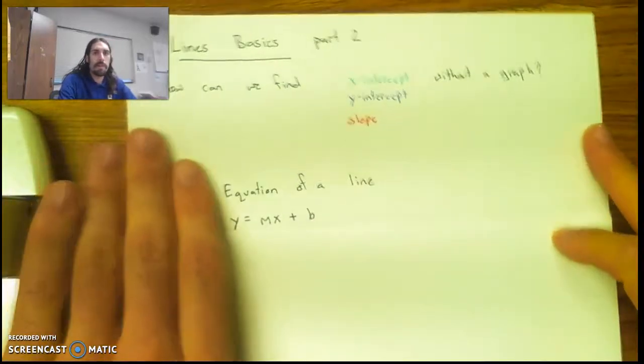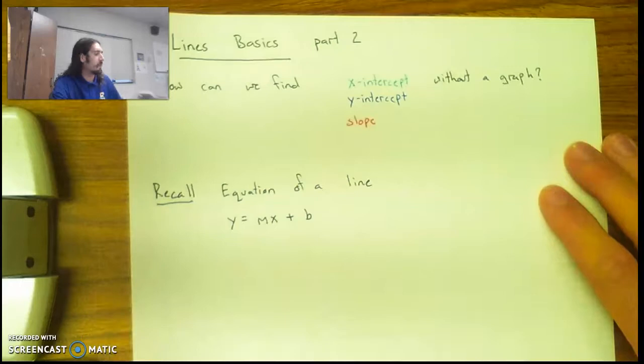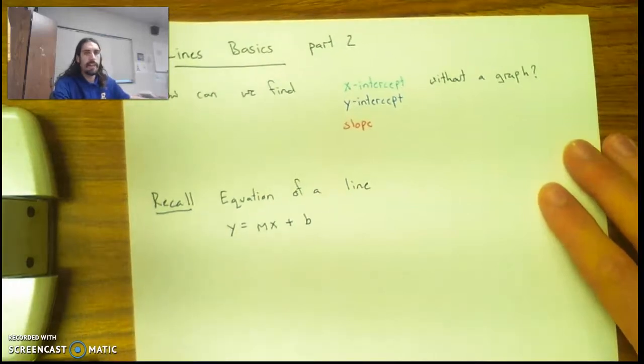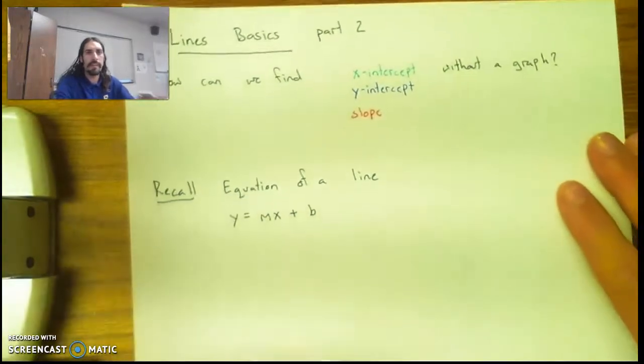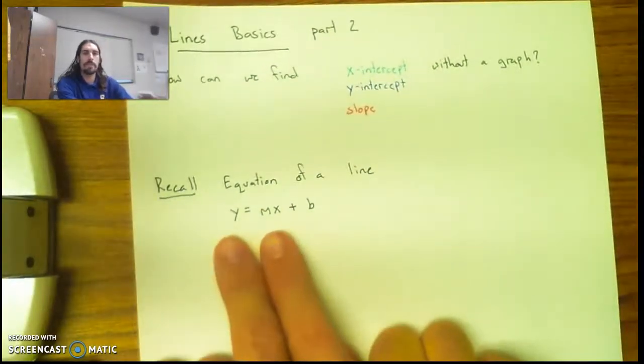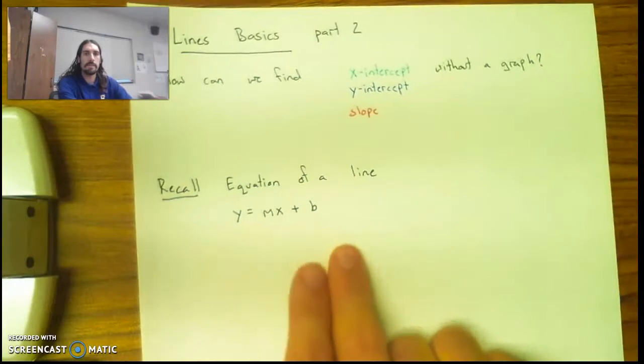So to start us off, I want to remind you about the formula we have for the equation of a line. And there's more than one way we can write the equation of the line, but for our purposes right now, we're going to focus on just this version, y equals mx plus b.